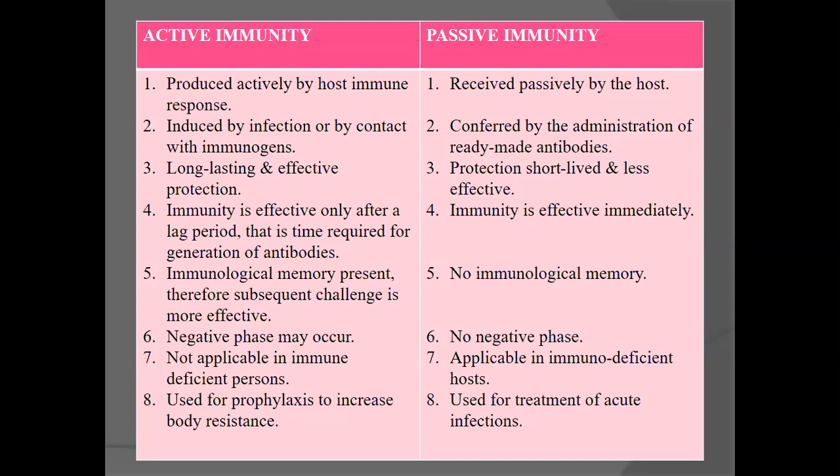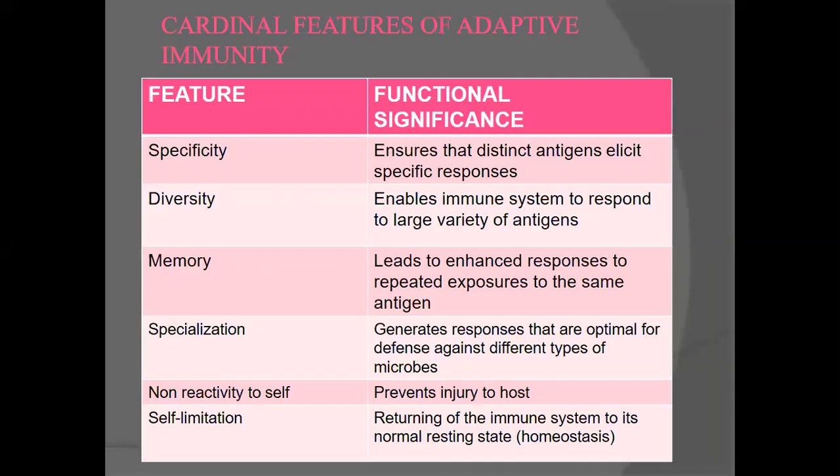You know what is active and what is passive, right? Then you have the cardinal features of immunity. You have specificity, you have diversity, you have memory, you have specialization.